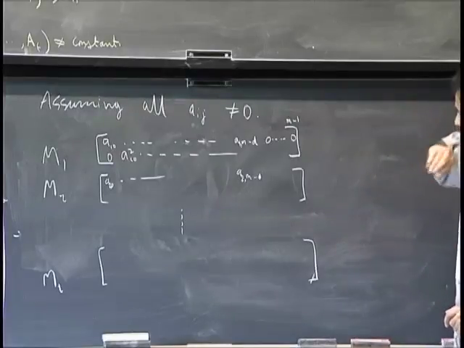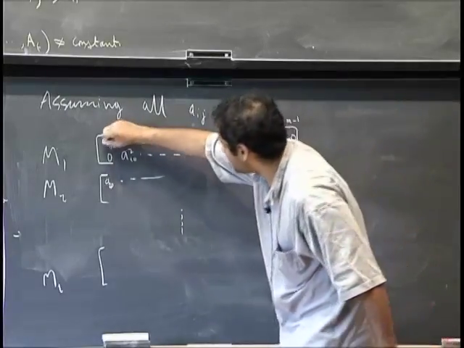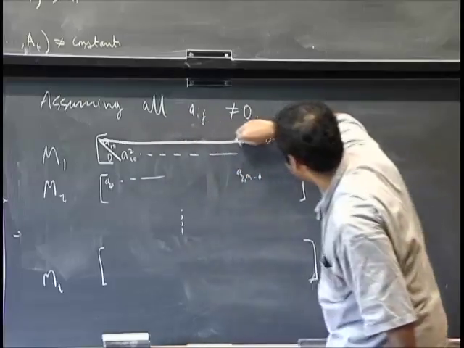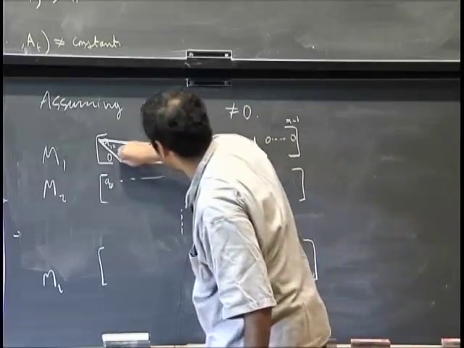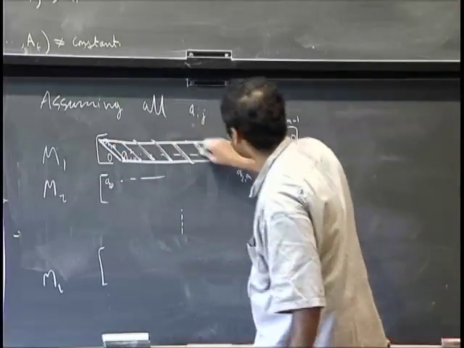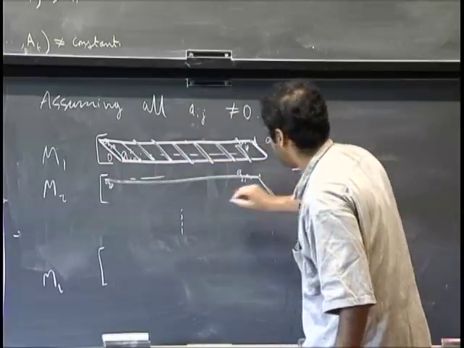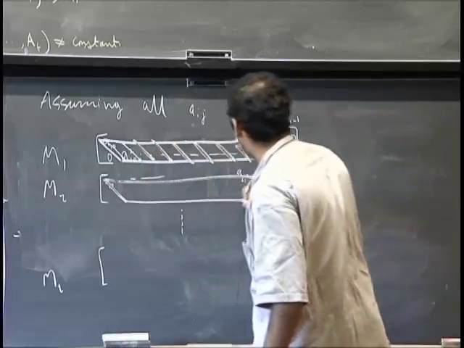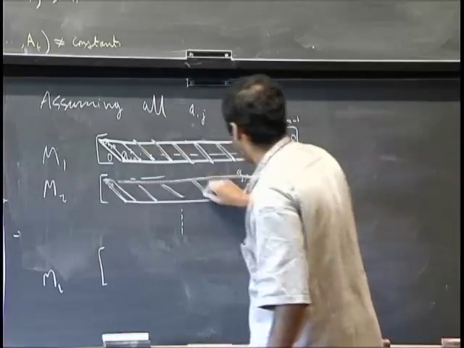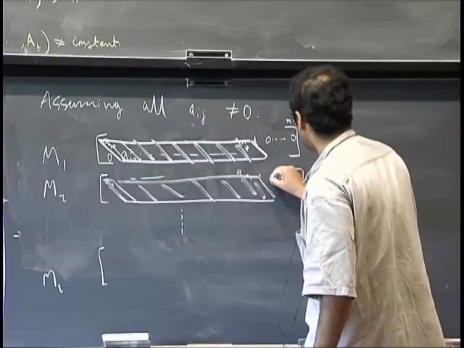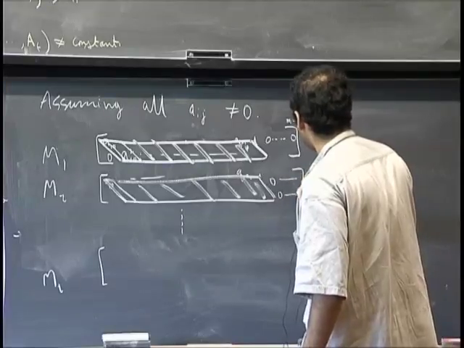So the non-zero elements sit inside this parallelogram. All these elements are non-zero by our assumption. Similarly here, all these elements are non-zero, and then there's a big sea of zeros over here.